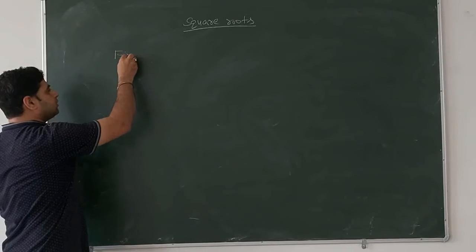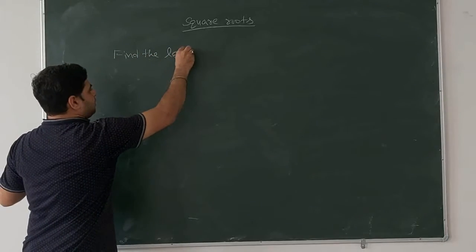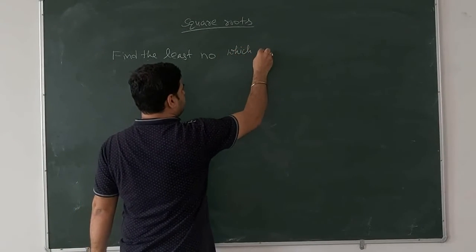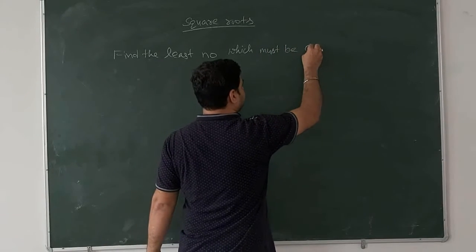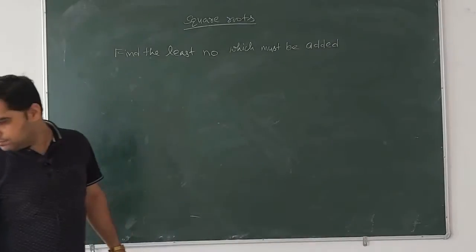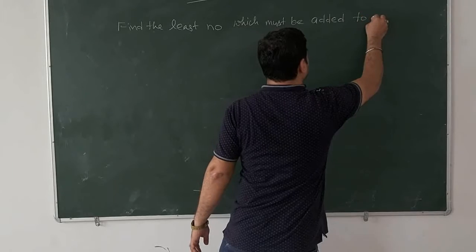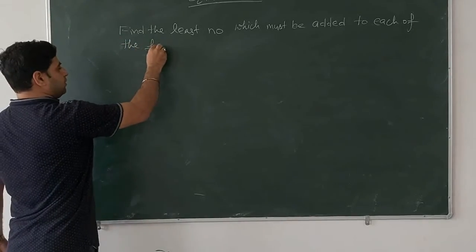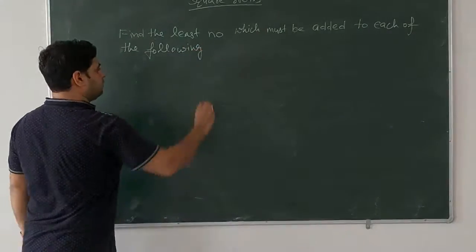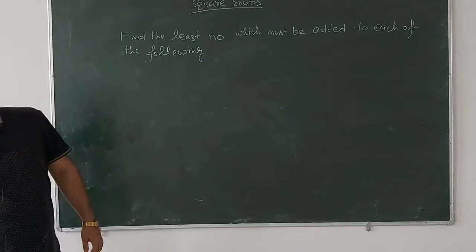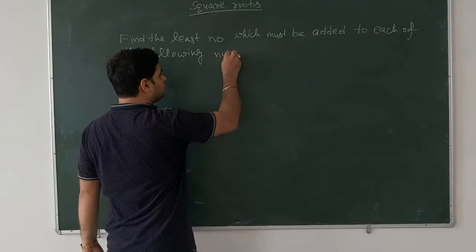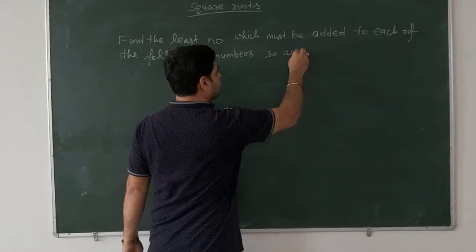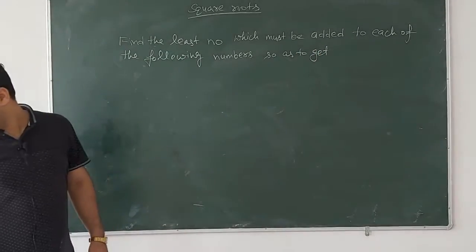Find the least number which must be added to each of the following numbers so as to get a perfect square.